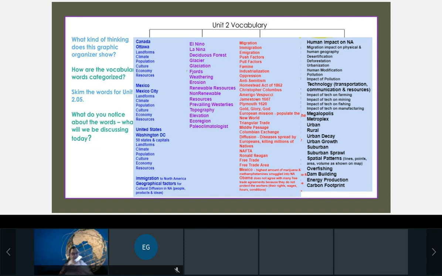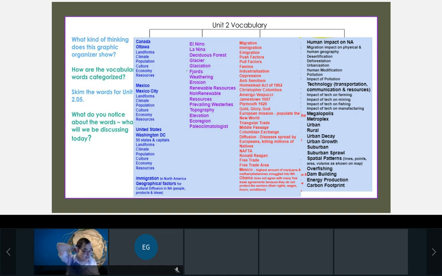These are all history. All right, now let's look at the last one. Human migration impact on physical and human geography, desertification, deforestation, urbanization, human modification, pollution. These are all human environmental impacts, right? Overfishing, dam building, urban growth, suburban sprawl.